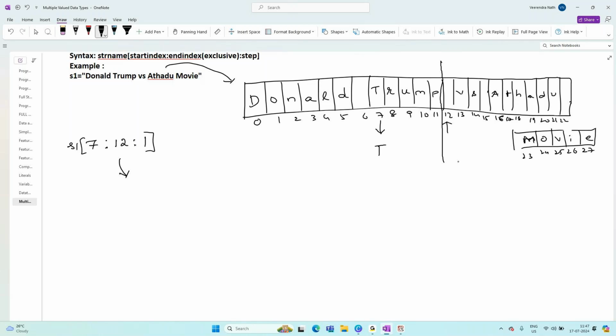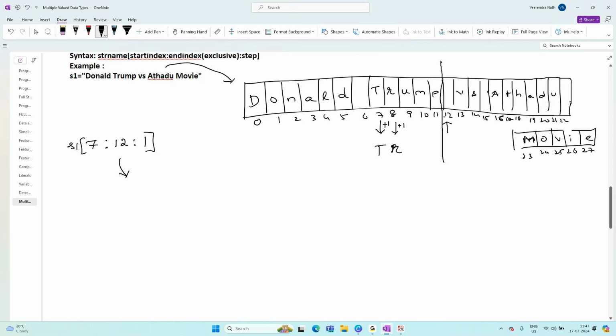Before 12 only I want. But where did I start? I started at 7, so 7 is included. Then plus 1. Plus 1 means one step ahead. So what is the next one? 8. Very good. Next plus 1.